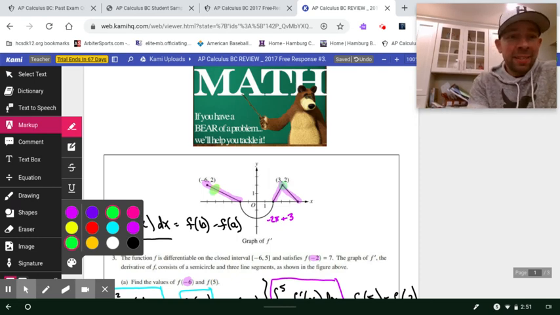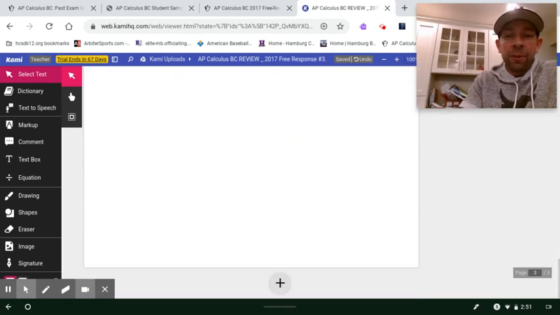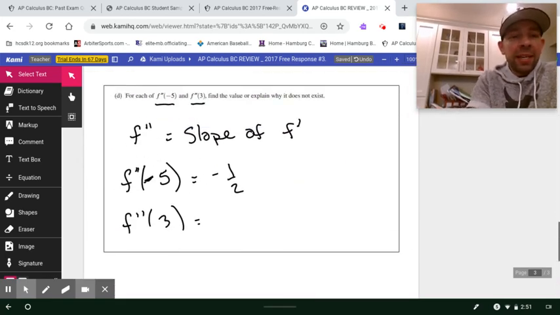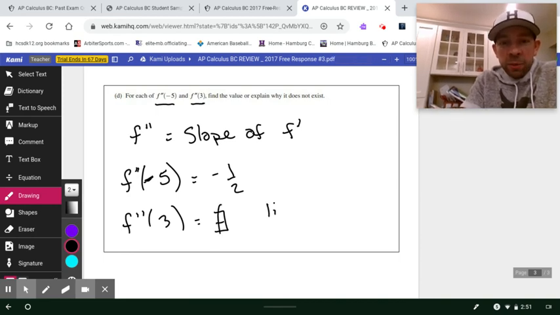Now, sometimes they're going to ask you to prove that or take that idea a little bit further. And the reason it doesn't exist is because of our one-sided limits.